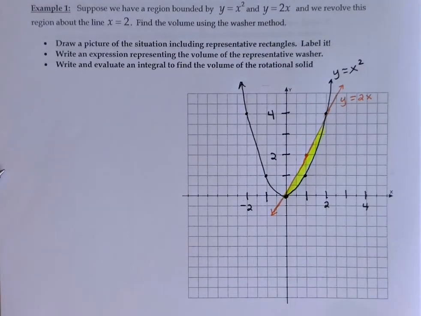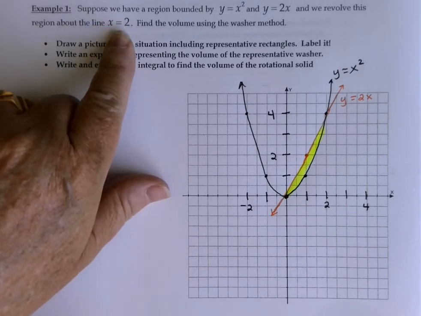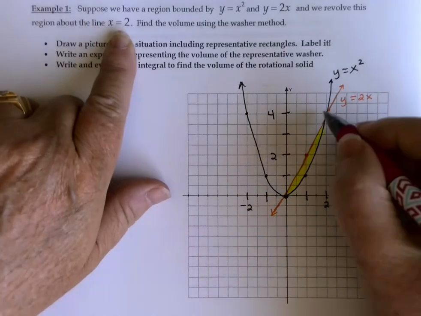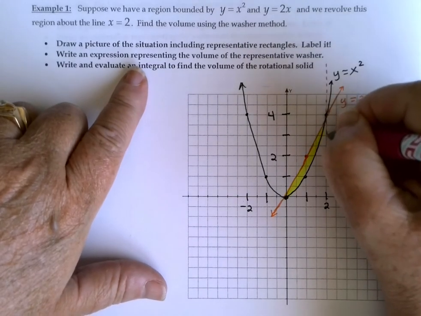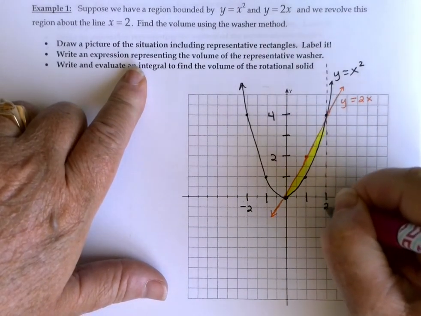All right, this time our axis that we're rotating around is the vertical line x equals 2, which happens to go right through this intersection point. So let me draw that in as our axis of rotation.